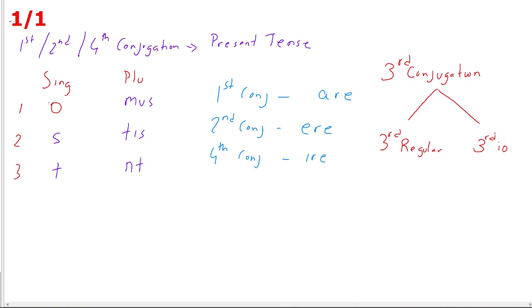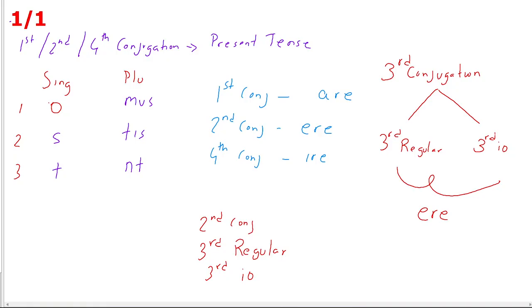Now to add to the further confusion, we also see that these are ending with ERE. So once again we see that now we have three sets ending with ERE. That is the second conjugation, third regular, and the third IO. And therefore this can lead to a lot of confusion. How do I know what is the second, what is the third regular, what is the third IO?